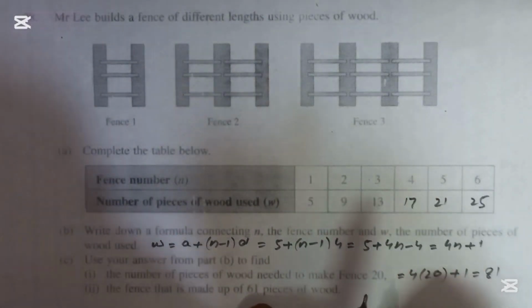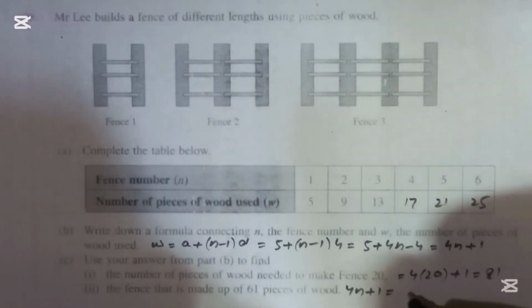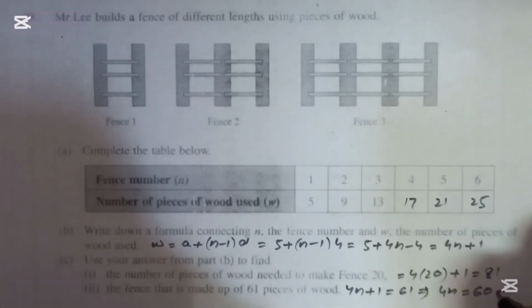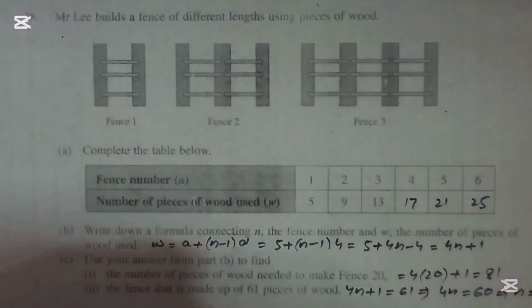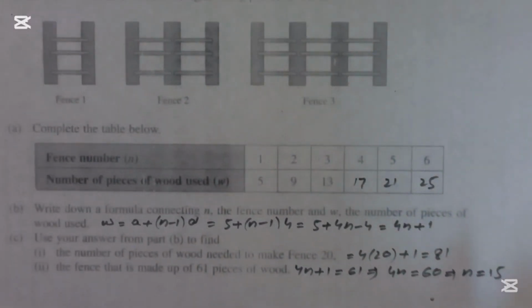So 61 should be equal to 4n plus 1. From here 4n will be equal to 60, and the final step, n will be equal to 15, since 4 ones are 4, 4 fives are 20. So n is equal to 15. This is the answer.